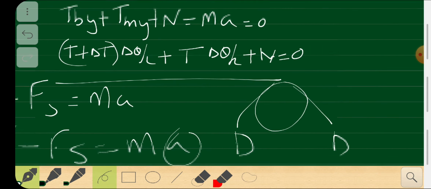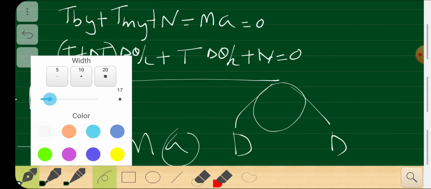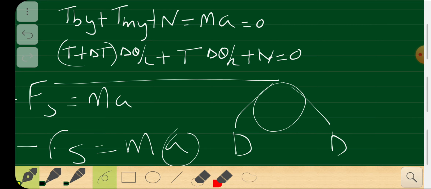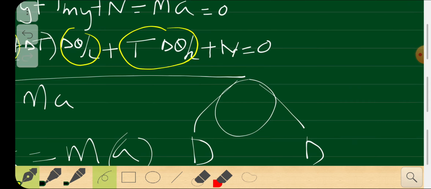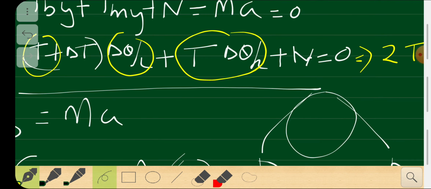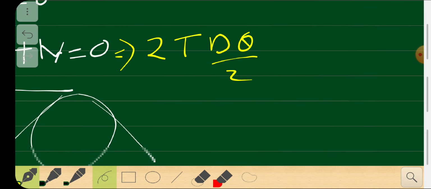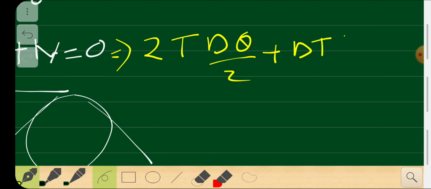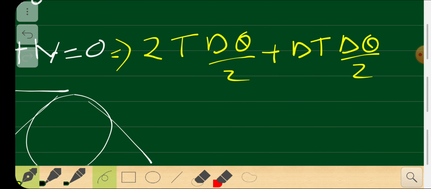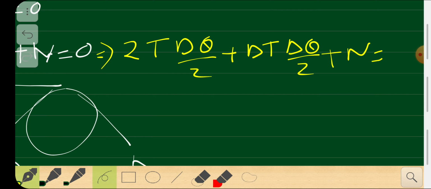Now you can simplify this equation based on your preference. You get T times delta theta by 2 and T times delta theta by 2 twice. So you get 2 times T times delta theta by 2, plus delta T times delta theta by 2, plus N is equal to 0.